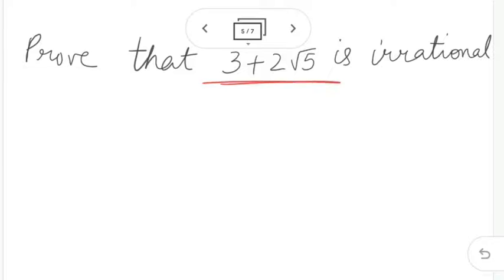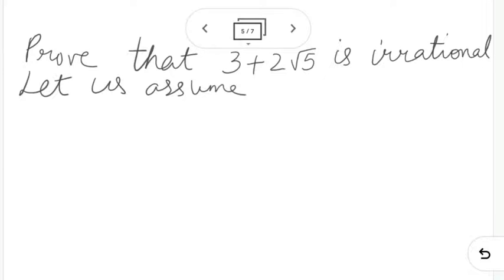Now let's try another example. Here we want to prove that 3 plus 2 root 5 is irrational. Now from previous proof we have learned that root 5 is irrational number. Now we want to prove this as irrational. Now first of all, again we will assume that 3 plus 2 root 5 is rational.